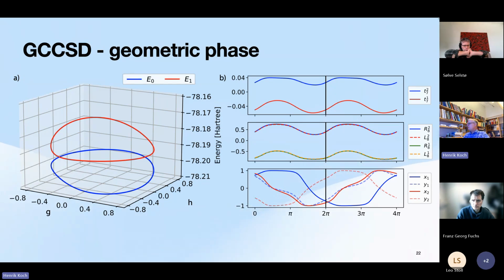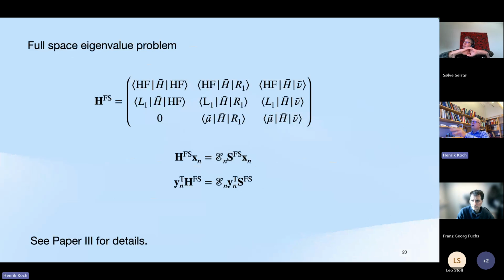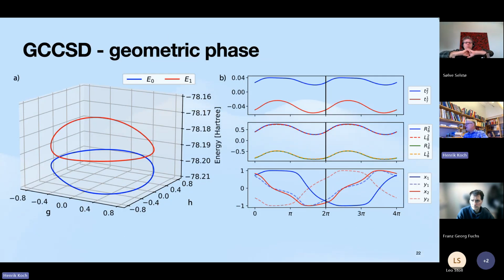And then you have the x1 and y1 and x2 and y2, these are the components in the reduced space where we just diagonalize the 2 by 2 part of this matrix here. And we see that they change sign at 2 pi, and then when you continue until 4 pi, you end up with the original sign.